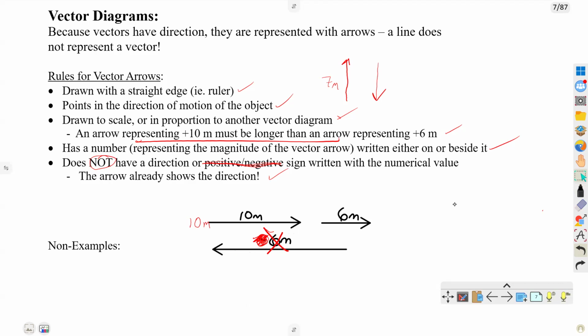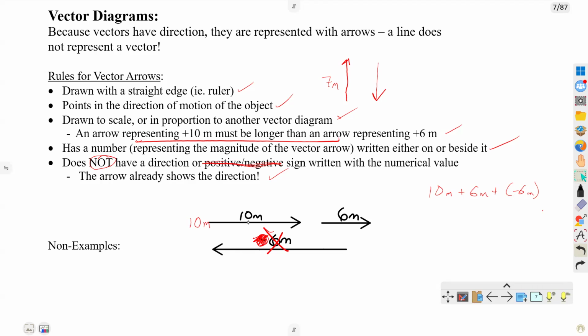If we were writing this as this plus this plus this, and we're doing the formula, it'd be 10 meters plus 6 meters plus minus 6 meters. That's where we would put the negative in. But here, we know it's going the opposite direction. We know that because it's going the opposite direction, it'll have a negative symbol up here.